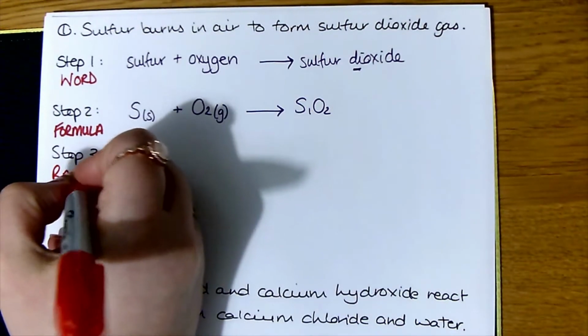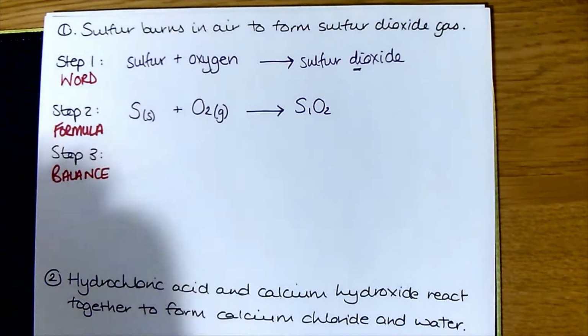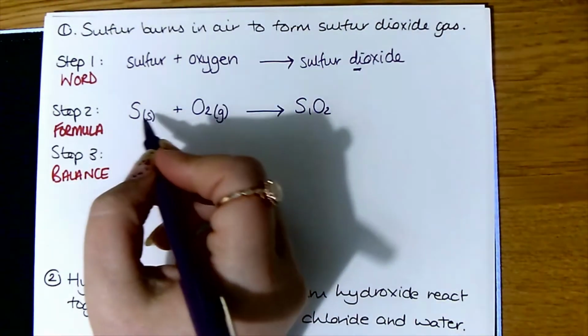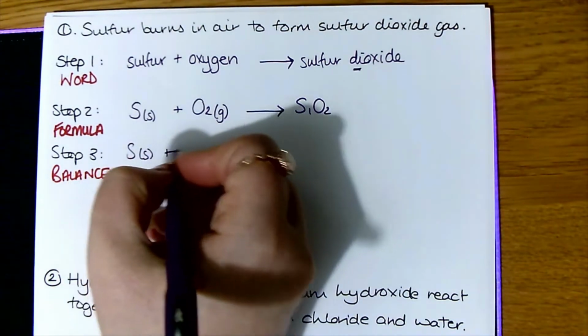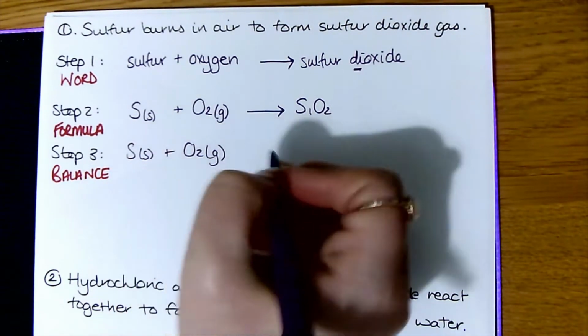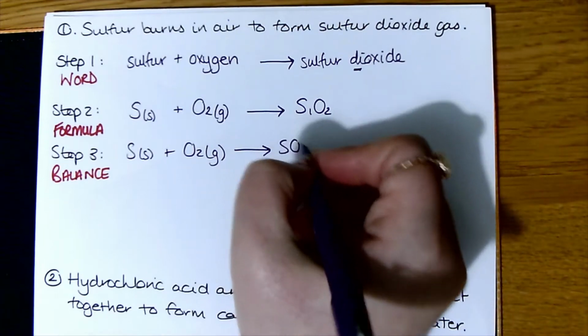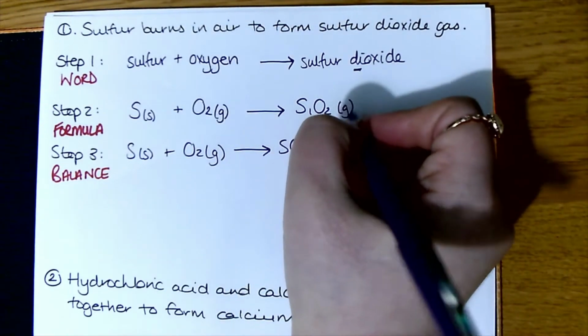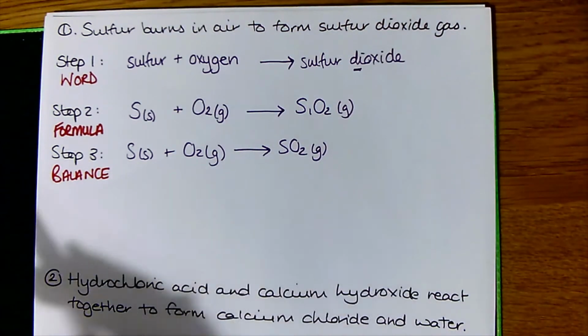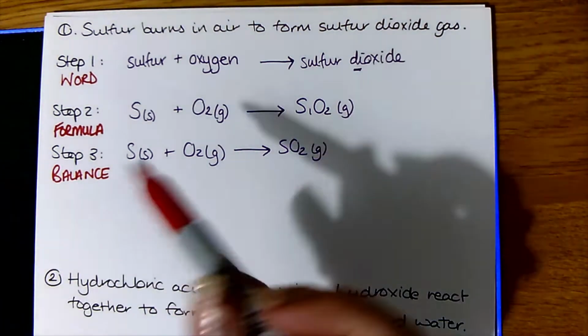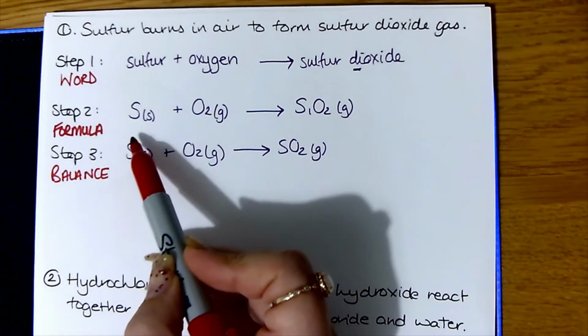So the first thing that I do when balancing an equation is I just copy down exactly what I had in step 2. Should have put that in there. It's easiest. And then we start with our left to right count. So sulfur, we have 1 over here.